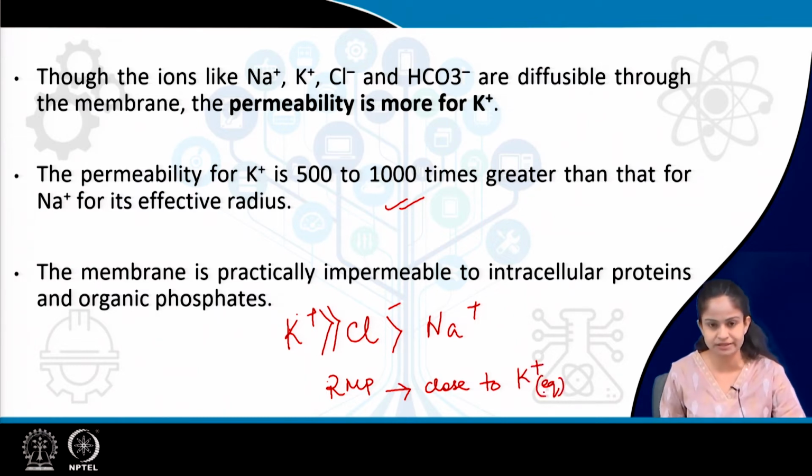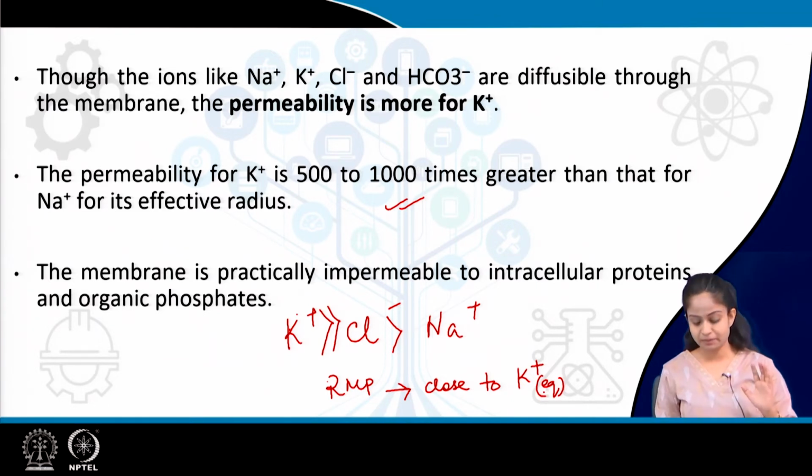What is equilibrium potential? I will come to that later, but you have to remember that the resting membrane potential of generally all mammalian cells is close to the equilibrium potential of potassium ions because of the high permeability coefficient of potassium.